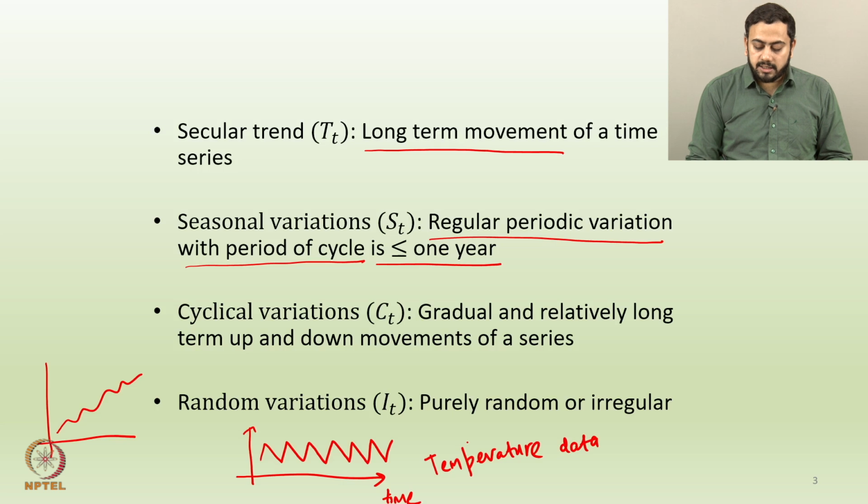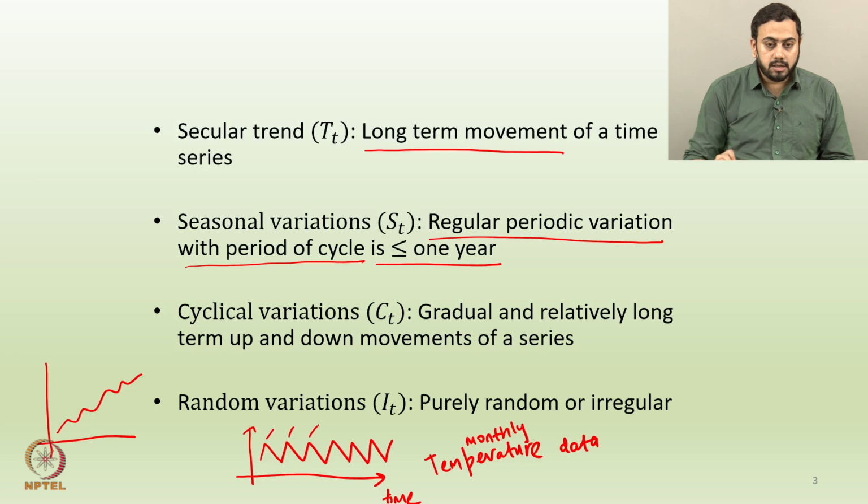Let us say that these temperatures are monthly temperatures, so let me add that we are describing monthly temperature data. In this graph, wherever you see peaks, for example here or here or here, those would be summer months where the temperature is slightly higher, and wherever you see troughs, for example here or here or here, those may be winter months.